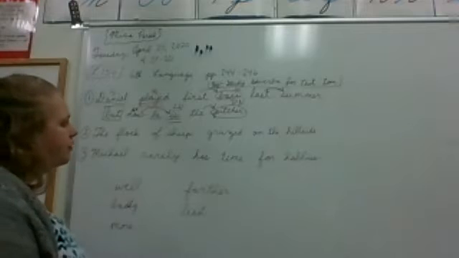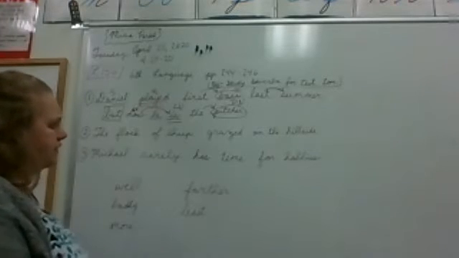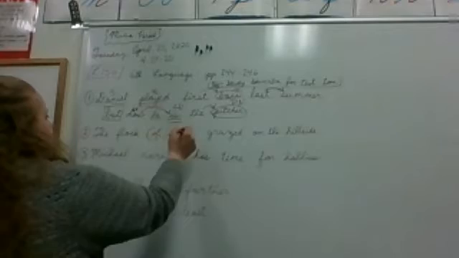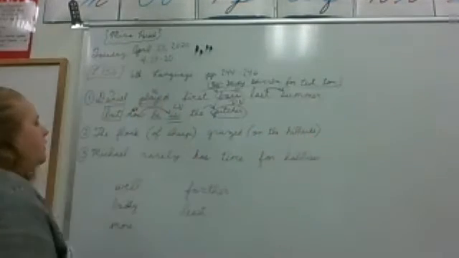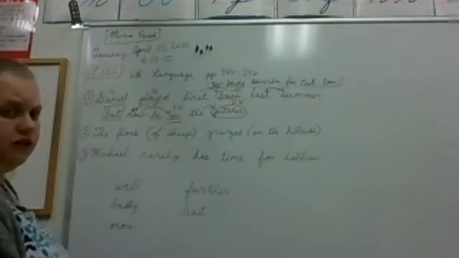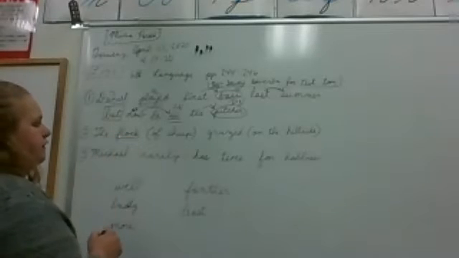The flock of sheep grazed on the hillside, okay? Let's find our prepositional phrases in this sentence. The flock of sheep grazed on the hillside. Of sheep, on the hillside, very good. So, where's our subject and verb? Flock did what?